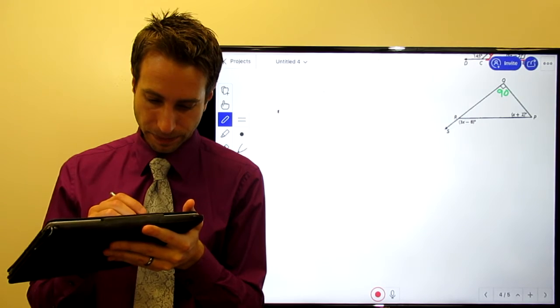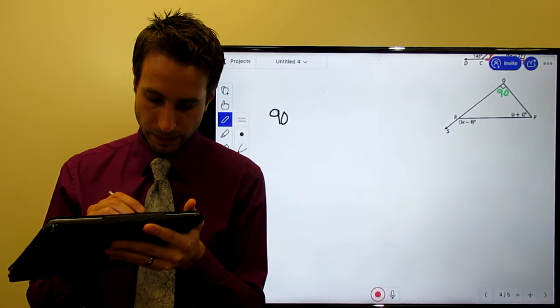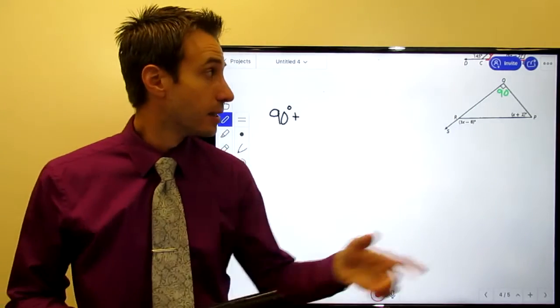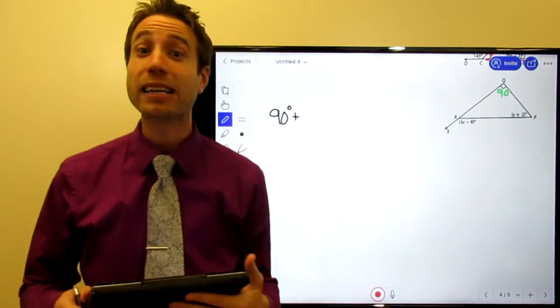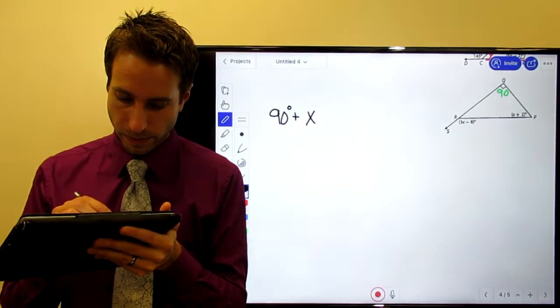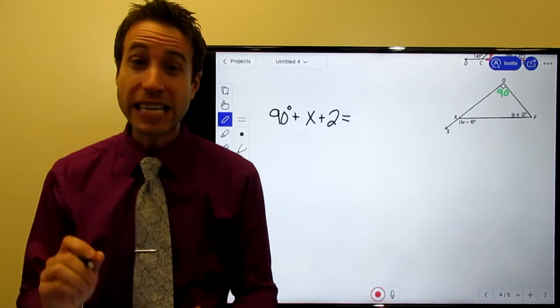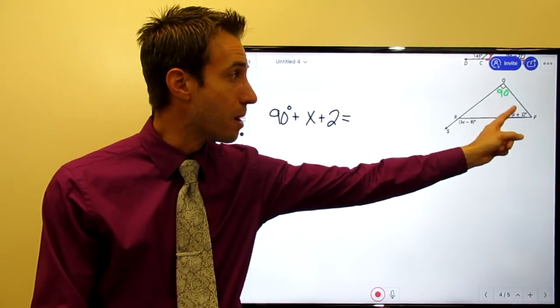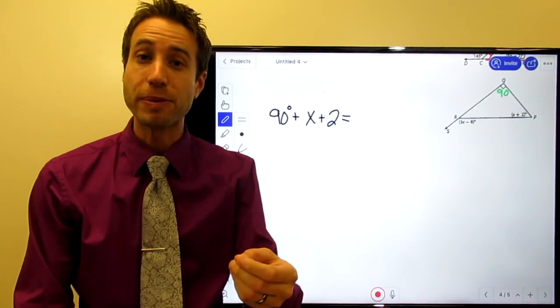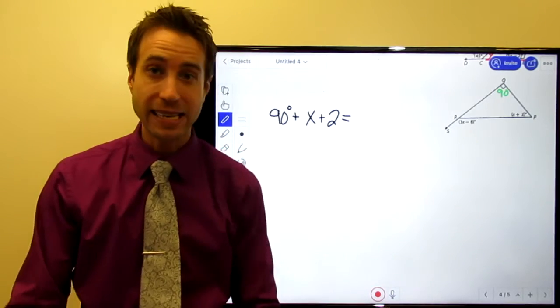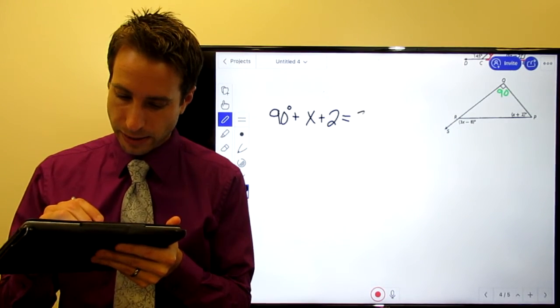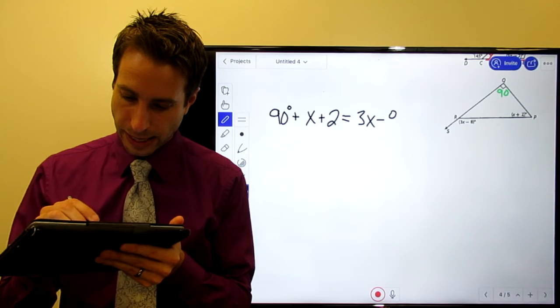90 plus x plus 2 has to be equal to, if I add the remote interior angles, they have to be equal to my exterior angle, 3x minus 8.